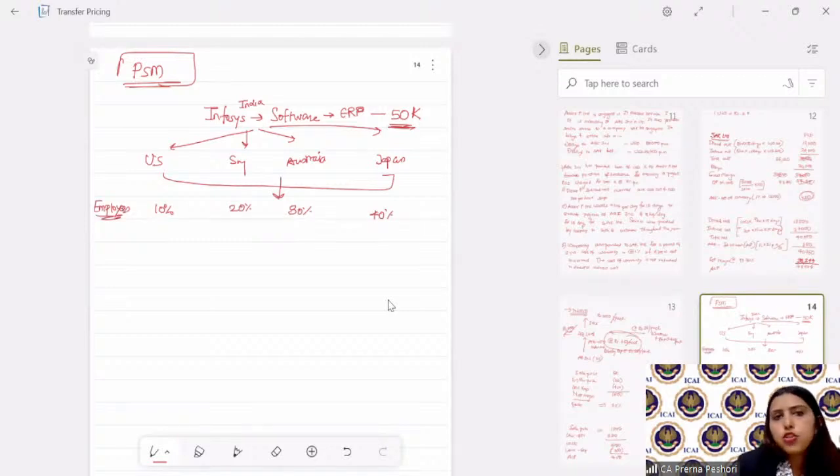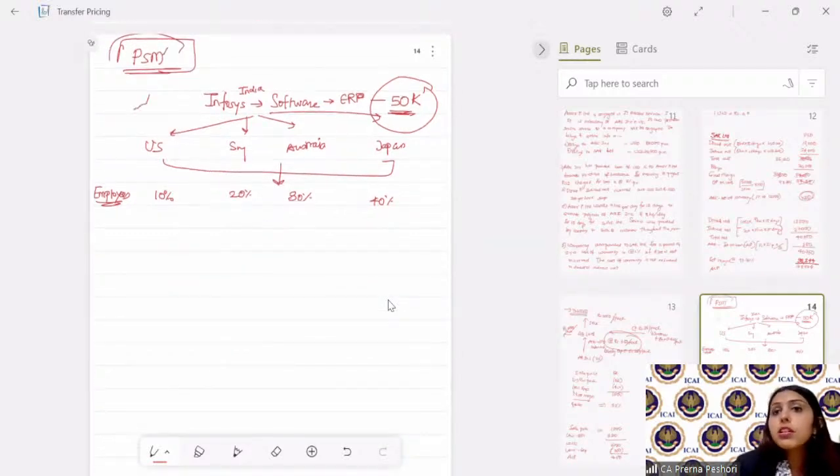This is the ratio which has been determined. So what is happening here is this particular cost is being allocated to these different companies. And now we need to see whether this allocation key is at arm's length or not. So for that, we will use profit split method. It basically splits your contribution or the profits.